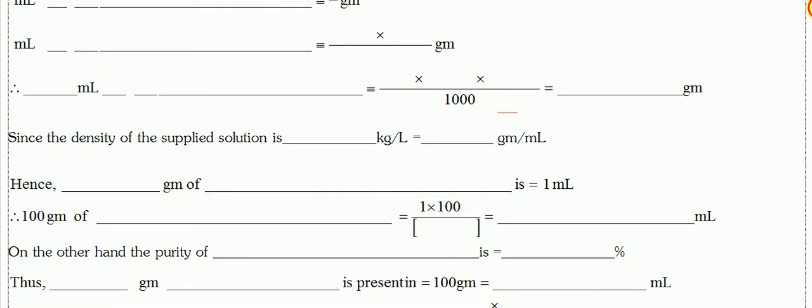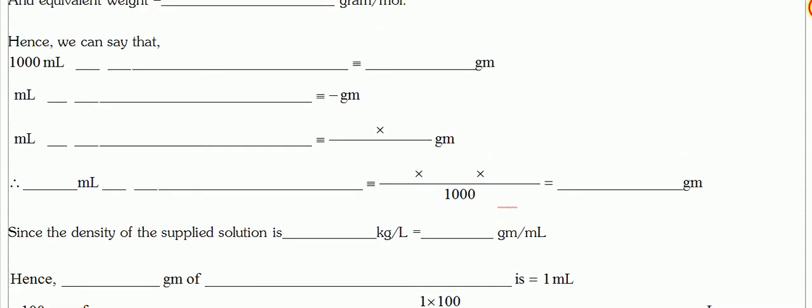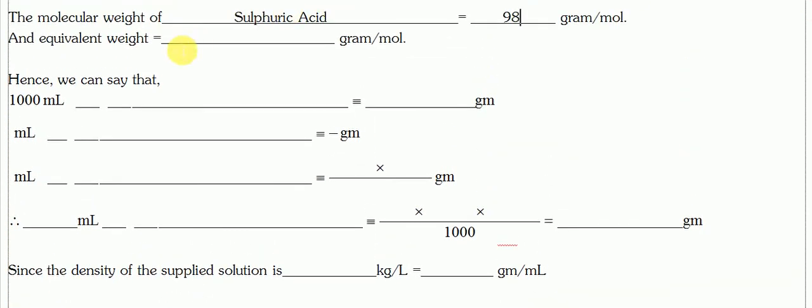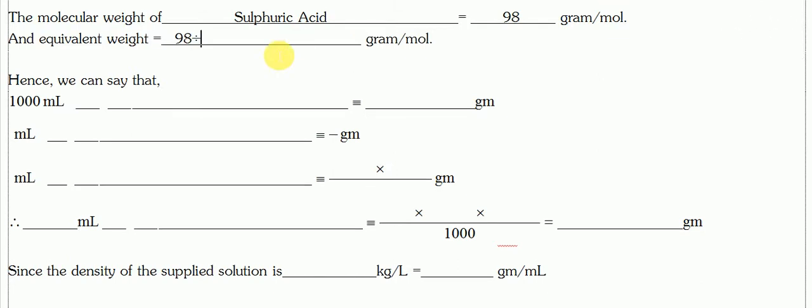Now, since we are calculating for the normality, we have to know the equivalent weight of sulfuric acid. For the calculation of normality, equivalent weight is very important. So the equivalent weight of sulfuric acid would be the molecular weight of sulfuric acid divided by the equivalent number, or number of active mass in the acid base reaction.